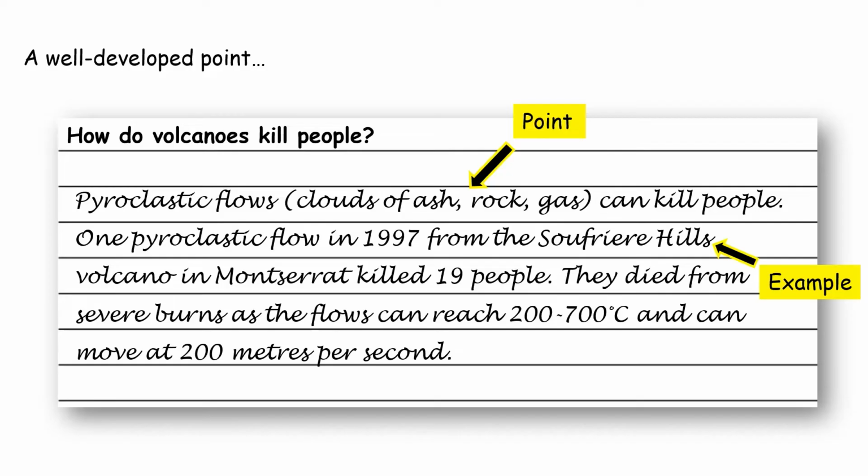So being case specific, there's my example. I'm explaining what the pyroclastic flow does. It burns people. And then I'm developing it by saying why they burn people, because they get so hot and they travel so fast. People cannot get out of their way. So that's the way to answer these PEED statements.